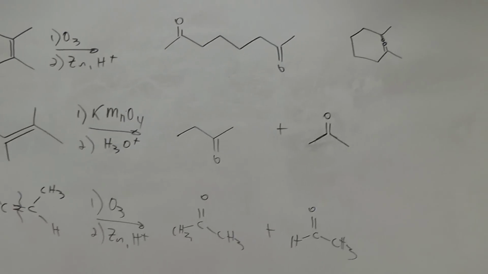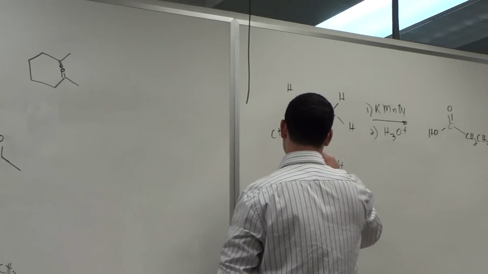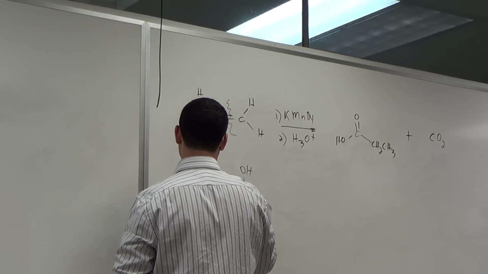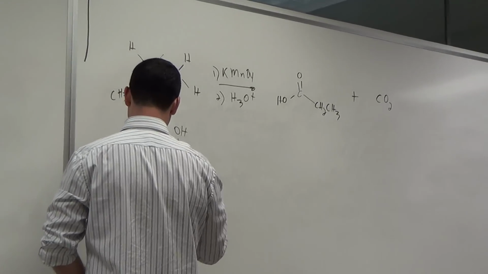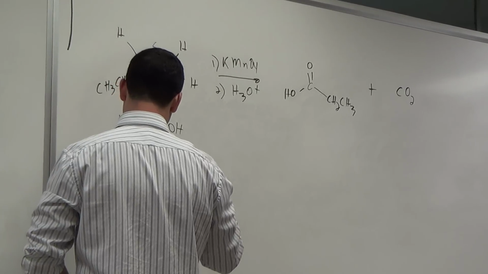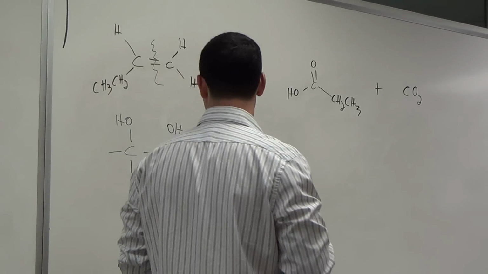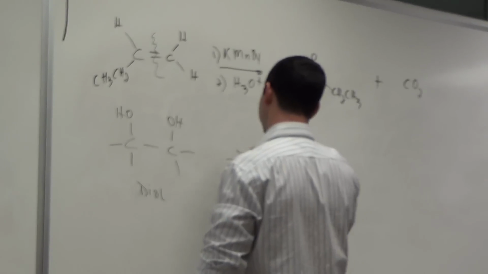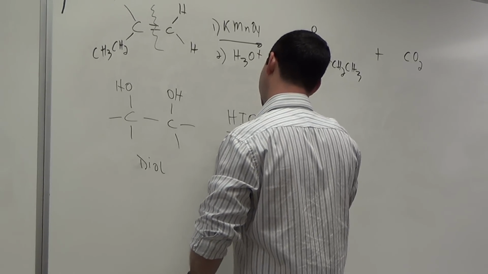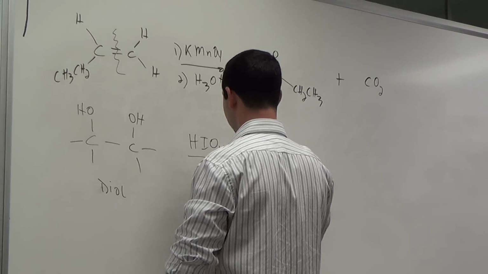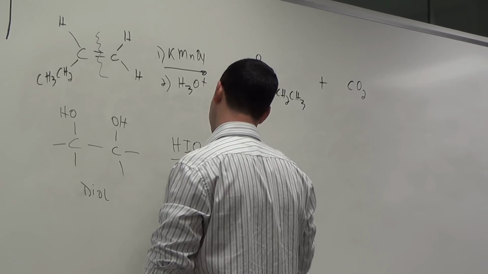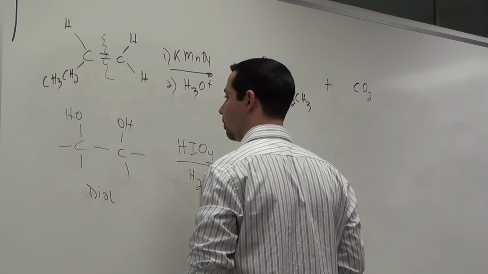You can get CO2 from O3 as well. One is the potassium permanganate, and you have two. This is a diol when it's cold, using osmium. With ozone, you get aldehyde.